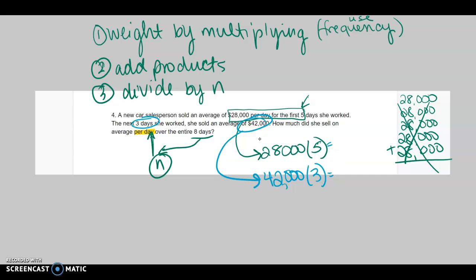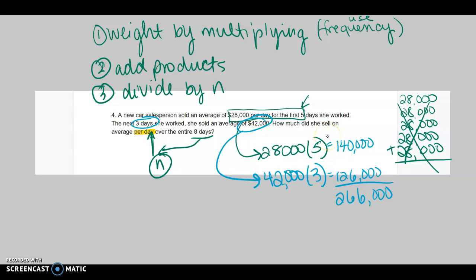28,000 times 5 is 140,000. And 42,000 times 3 is 126,000. Add those together. And that gets me 266,000. And this is the total.